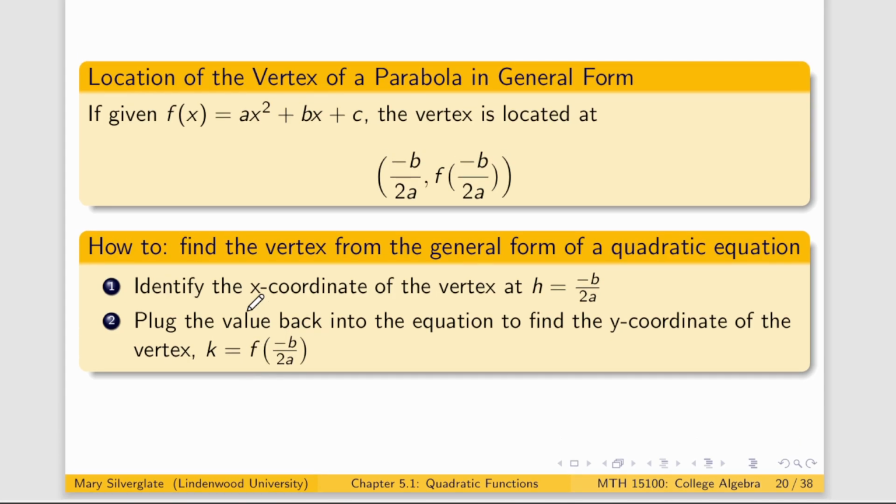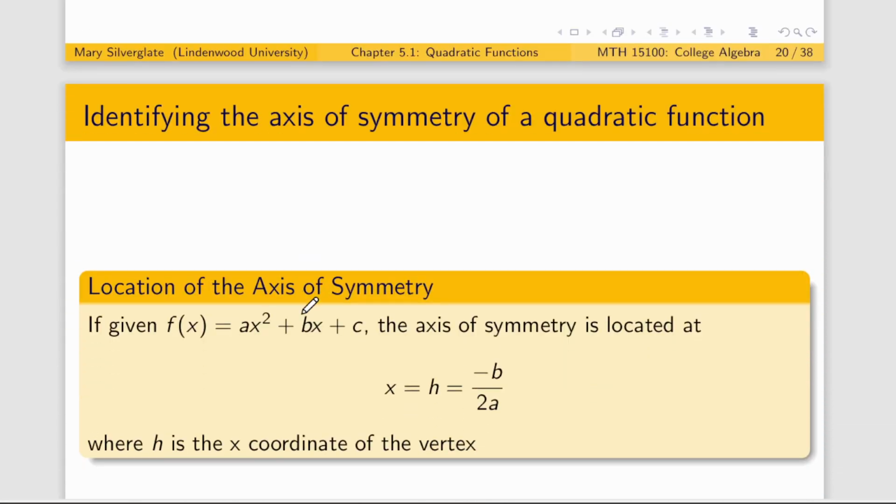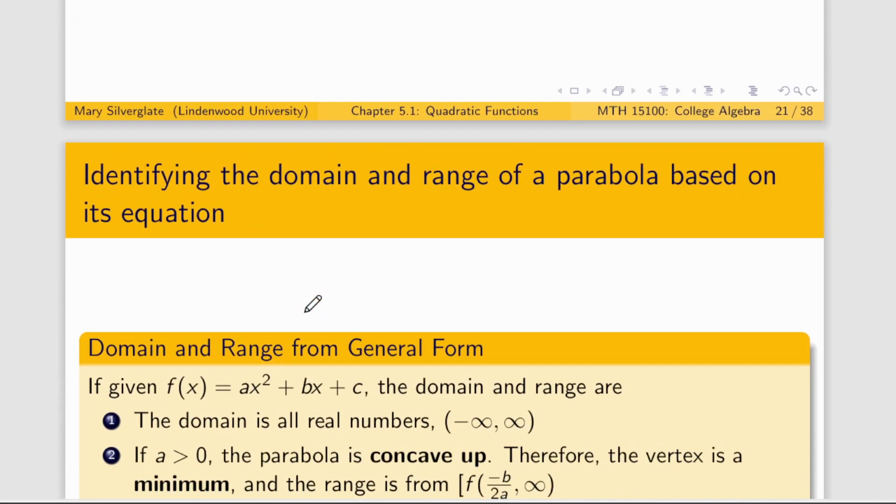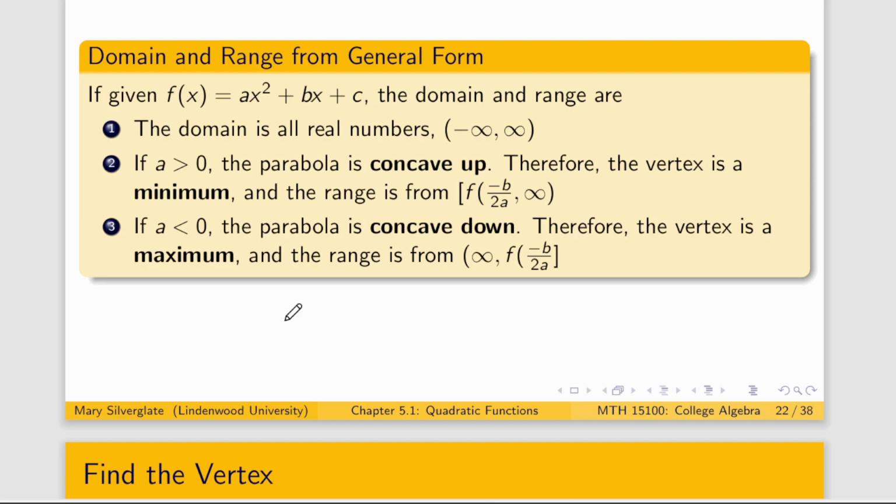That's all this is saying: you want to plug in what you find to be the x-coordinate of the vertex to find the y-coordinate. And this is reminding you that once you have found that y-coordinate, you know if it's concave up, right side up, because a is positive, then that means that the range is from that y-coordinate of the vertex all the way to infinity.